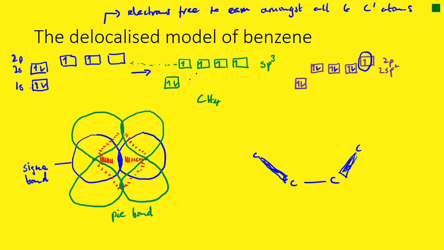So another carbon atom, and then going into the page. Right, so we'll draw there. So that's supposed to be our hexagonal shape of our carbon ring, where the top carbons are actually going into the screen.